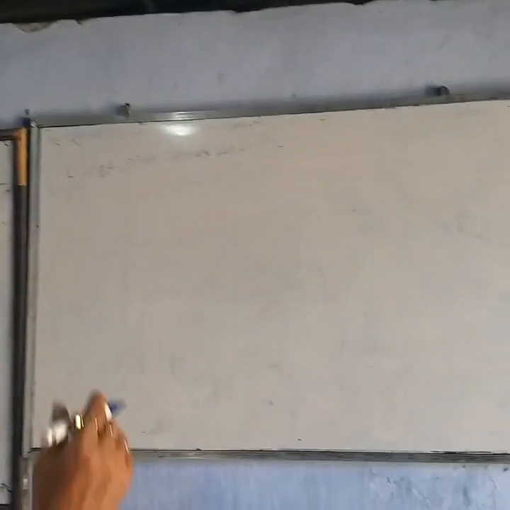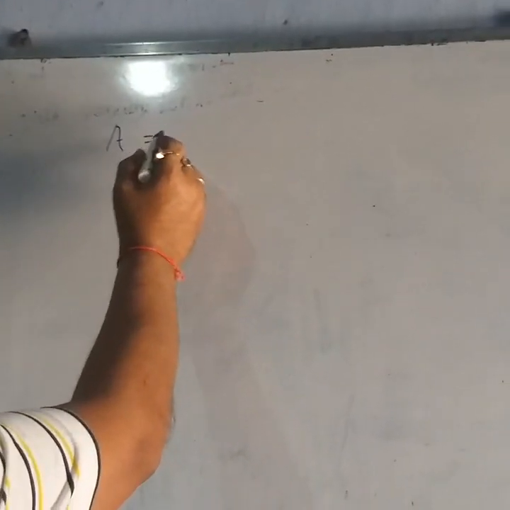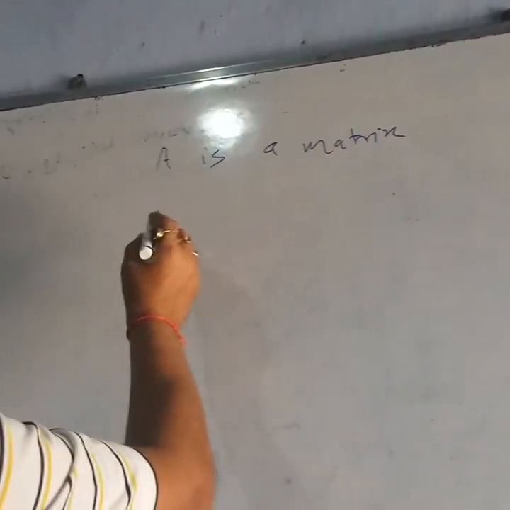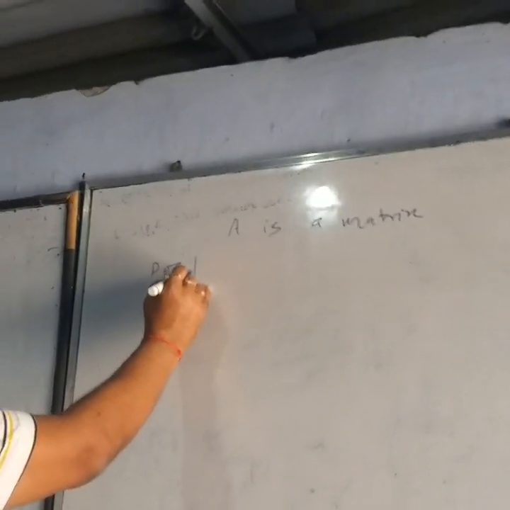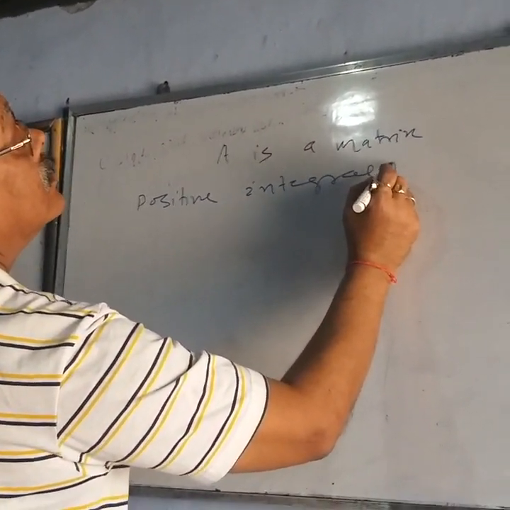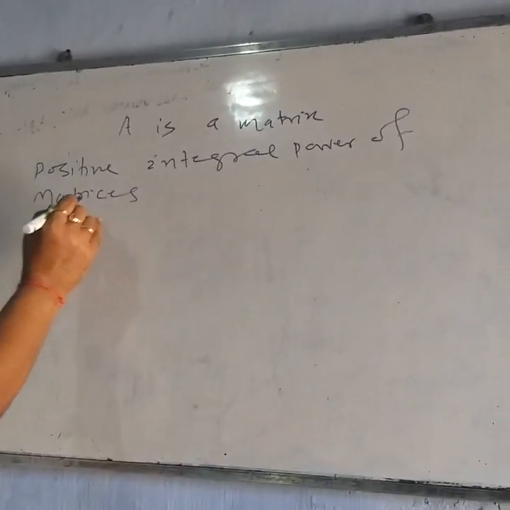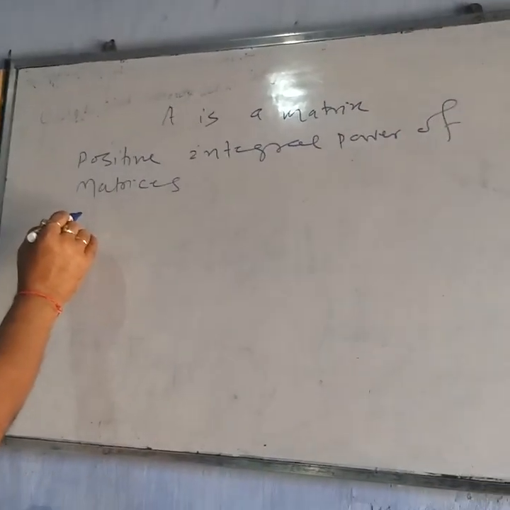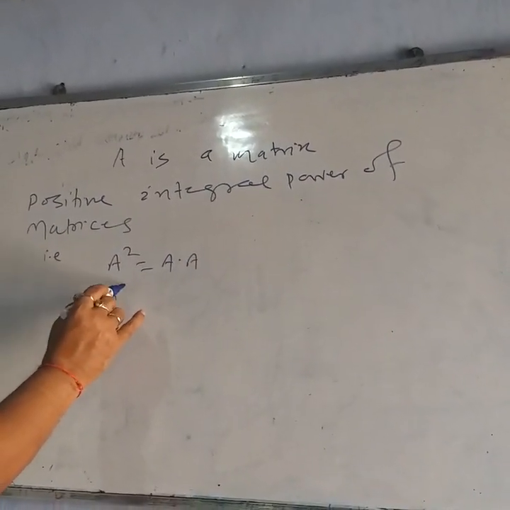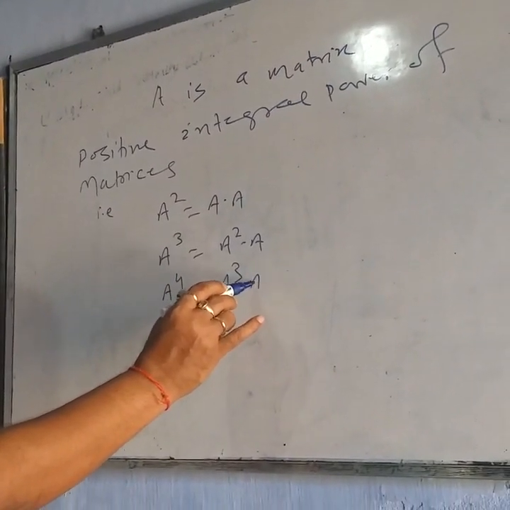Suppose A is a matrix. Then positive integral power of matrices, that is A square, A into A; A cube, A square into A; A4, A cube into A, and so on.